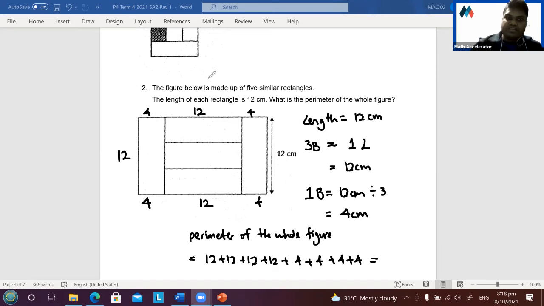Okay, very good. So most of you got it. The answer is 64 cm. Okay, we have about 20 seconds before I move on to the next question.